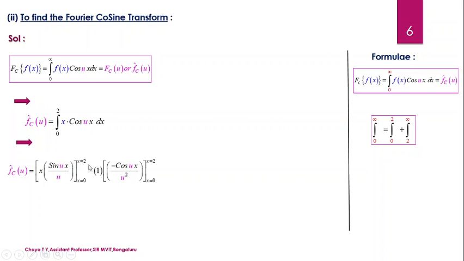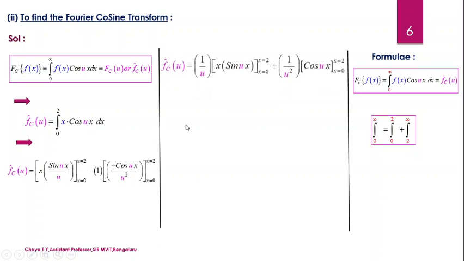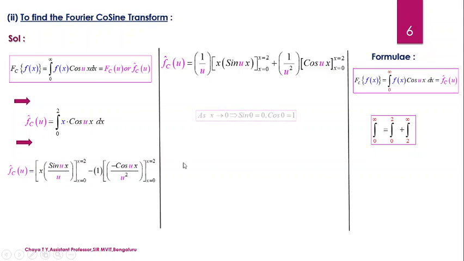We know that the integral of sin ux by u is minus cos ux divided by the derivative of ux, which gives us u squared, and the limits are x varies from 0 to 2. Now take the constant term outside and rewrite the expression. So it will be of the form 1 by u times x sin ux plus 1 by u squared cos ux with the limits x varies from 0 to 2.